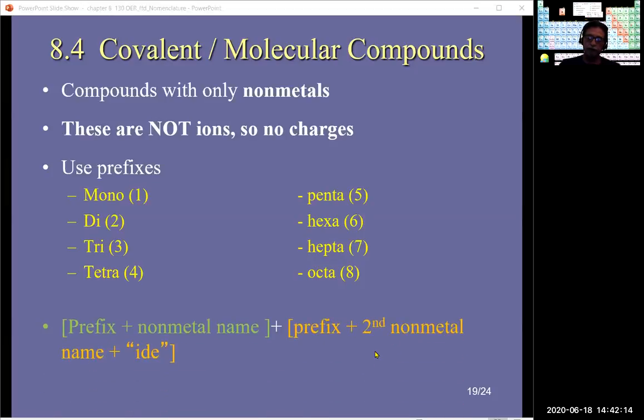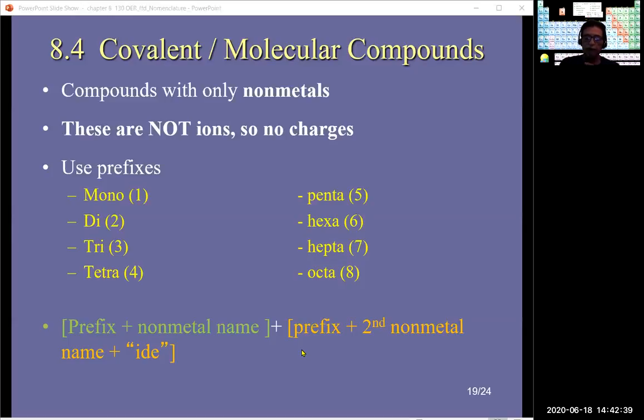So the format: the nonmetal name, normally the first element you should see is the central atom that is written in that form, okay? And then if there's more than one of those, you put a prefix and then the nonmetal name, okay? And then followed by a prefix if you have more than one of the next nonmetal name.